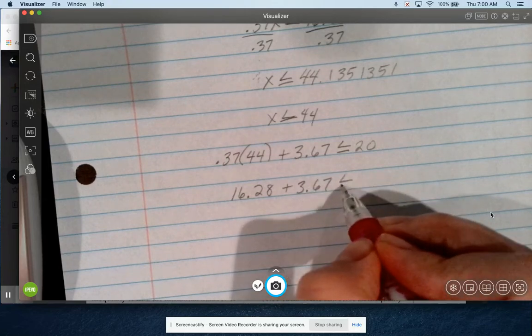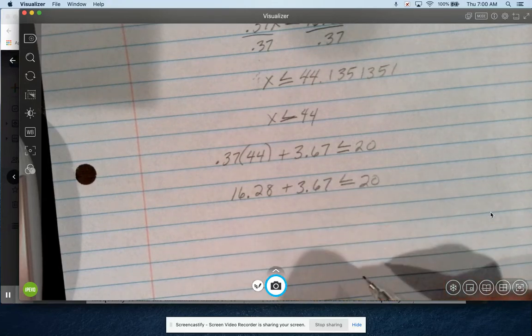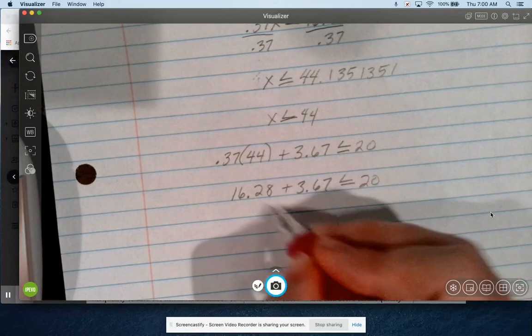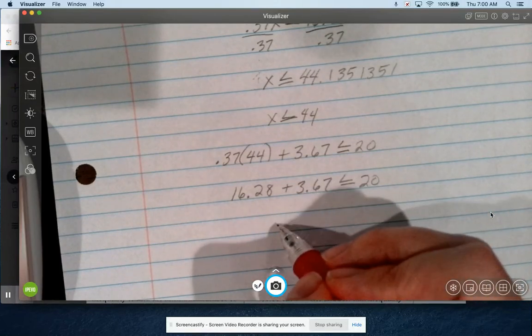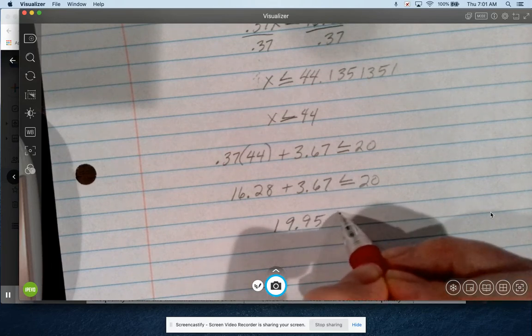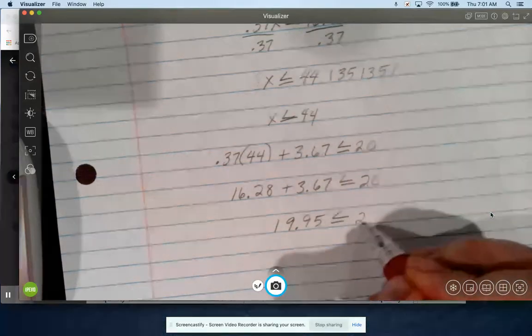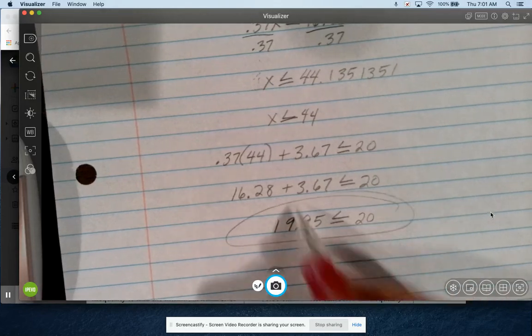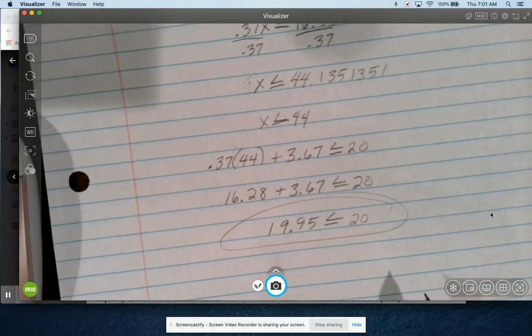Is that less than or equal to 20? Well, these two added together will be $19.95. And that is indeed less than or equal to 20. So it is accurate. I can buy up to 44 stamps.